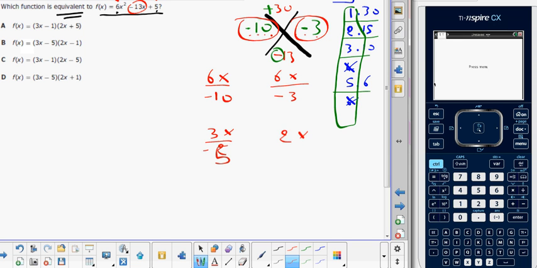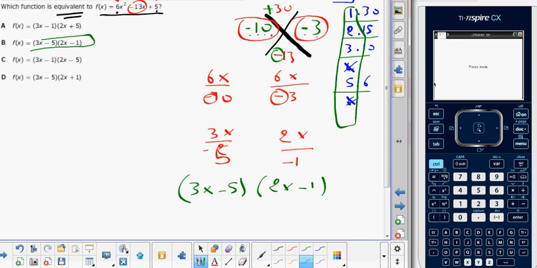That's 2x over negative 1. Make sure you keep the negative sign in the same location, in the denominator. So my first binomial, 3x minus 5 times 2x minus 1. 3x minus 5 times 2x minus 1, it's B.